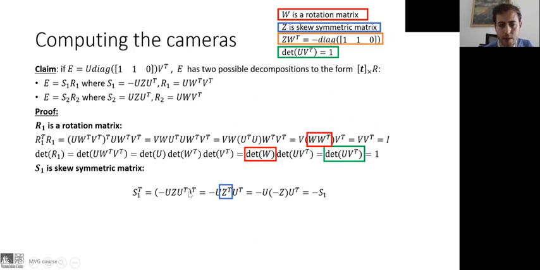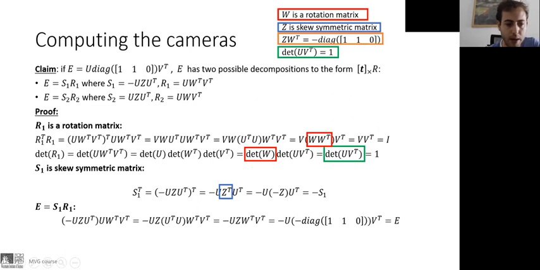Okay, so we showed that S1 transpose equals minus S1, so S1 is a skew-symmetric matrix. And then we need to show that S1 multiplied by R1 is a decomposition for our original essential matrix. So we write S1 and R1.